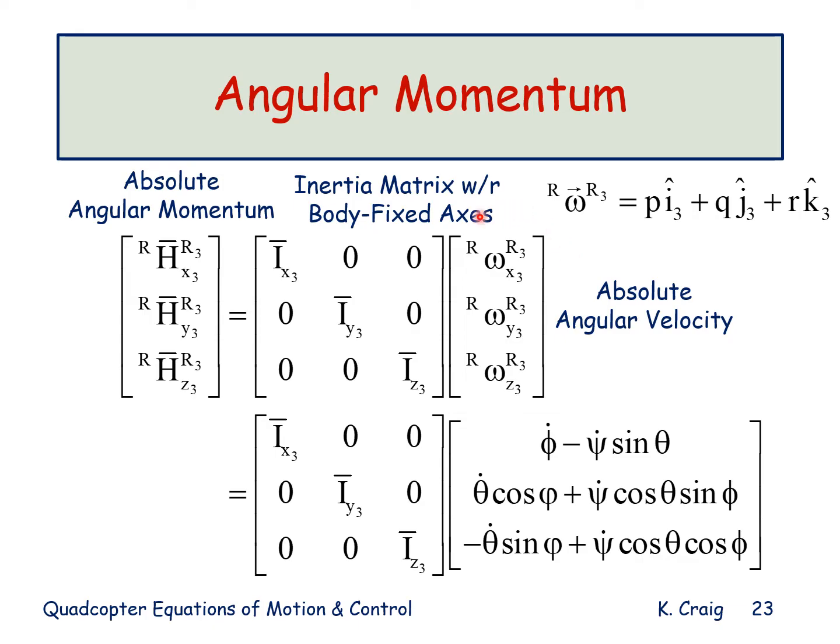If I make a substitution for these three components, I get the matrix shown here. This angular velocity of the quadcopter in the grounded reference frame, its body fixed axes components, P, Q, and R, are shown here, P, Q, and R.